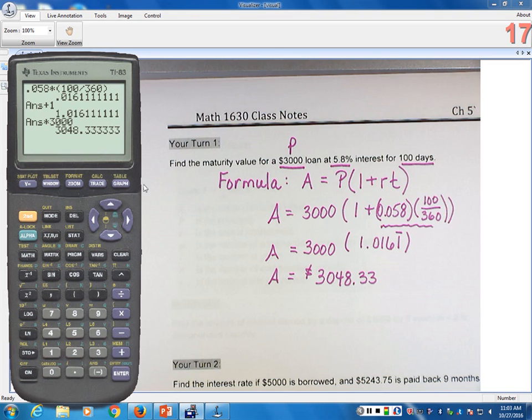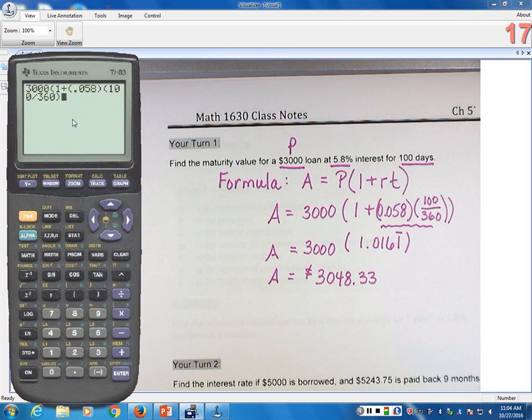Now on the calculator, it would have been perfectly okay if you had entered the problem this way. I have three sets of parentheses open, I need to close 3 sets of parentheses.